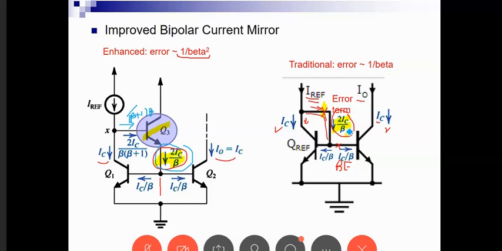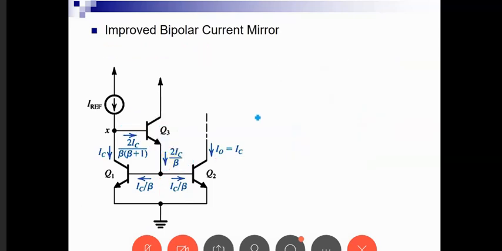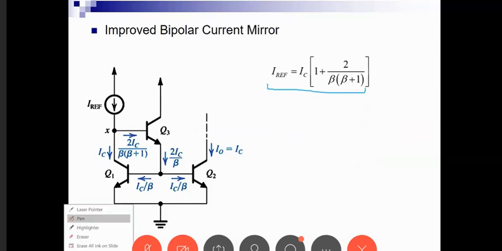So basically, instead of passing the 2IC over beta directly to I reference, I am injecting a BJT that is shielding me from the 2IC over beta and dividing it further by beta plus 1. So now the I reference term, instead of being just 2 over beta as we saw before, has another term here.